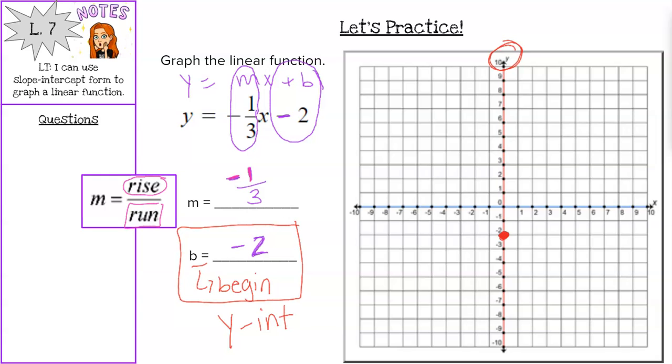So if we rise negative 1, that means we're going down. Negative is down. We're decreasing, getting smaller. But the 3 is positive down here, so positive 3 means we go right 3. So from our starting point, we're going to jump down 1, over 3: 1, 2, 3, put a point. Down 1 over 3. And then connect our points with a line.